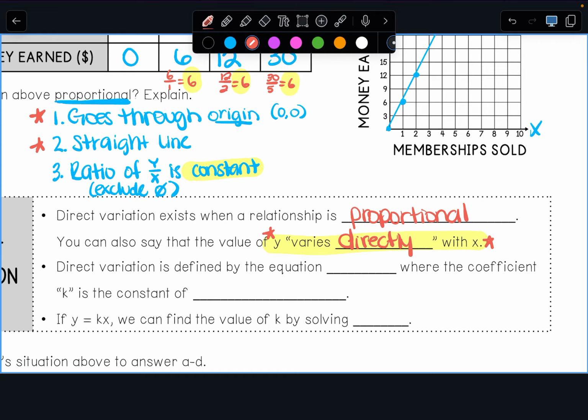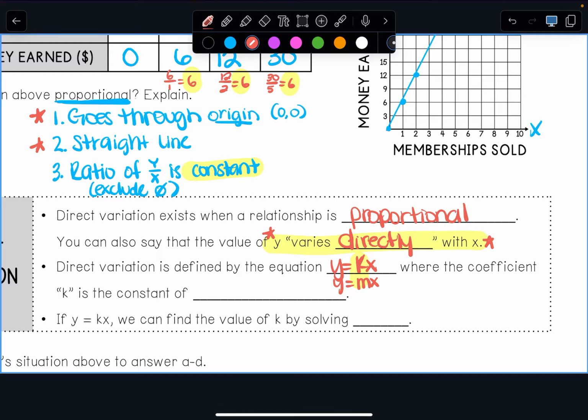Direct variation is defined by the equation y equals kx. This is similar to an equation that you guys have seen in the past, right? Y equals mx. So what do you notice about it? That k and m are similar. Similar meaning they're alike, but they're not exactly the same.